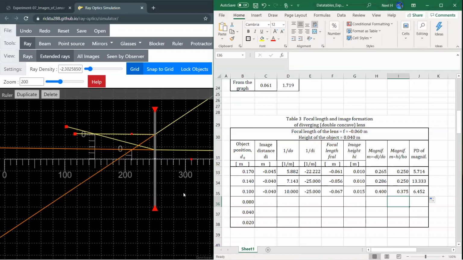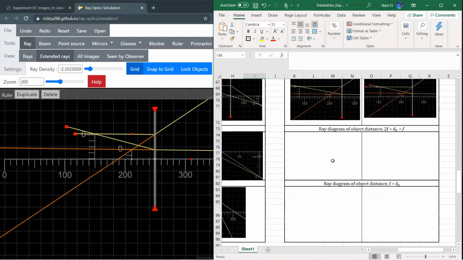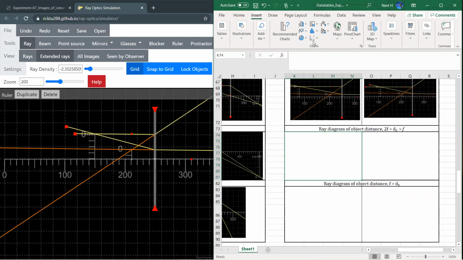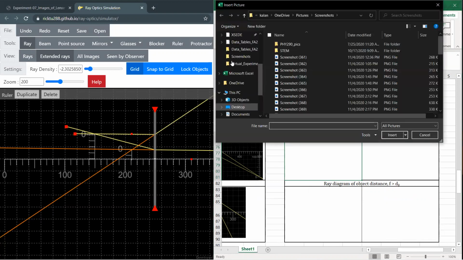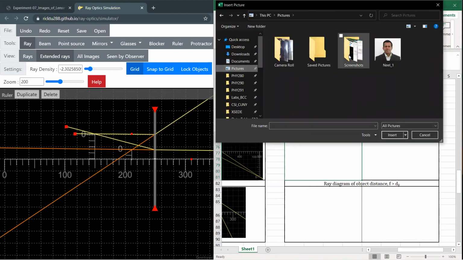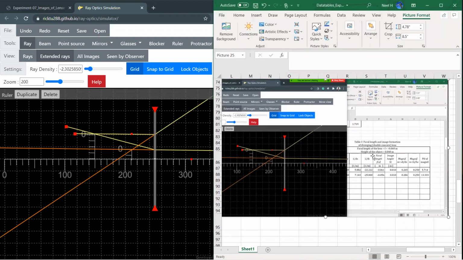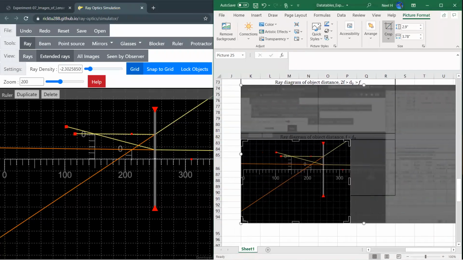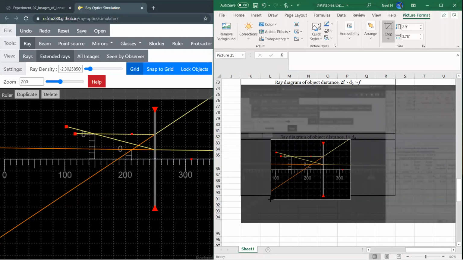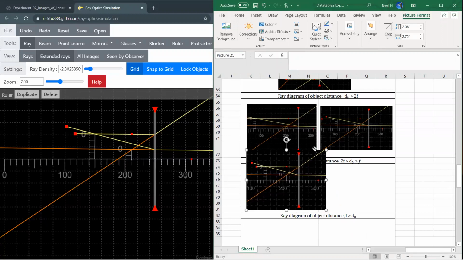Okay, and that picture should go here. These diagrams are almost very similar to each other.